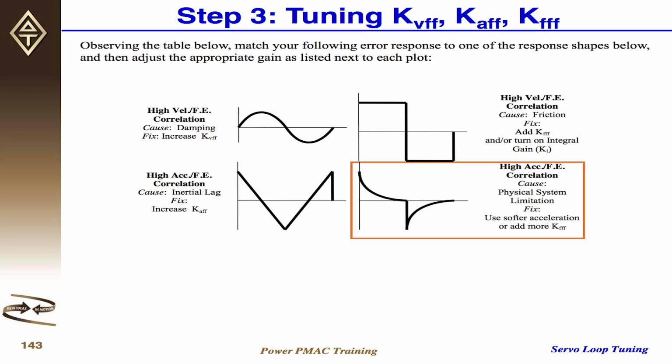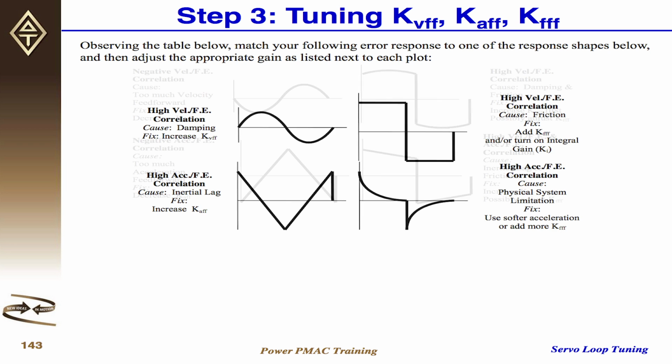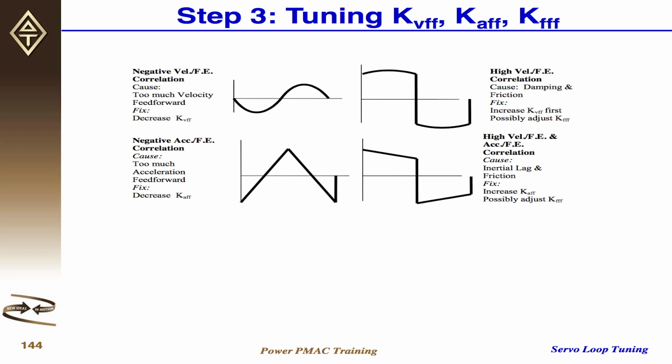So if you see the inverse of the profiles that I just showed you, like here, we see that the following error is reflected from the velocity. Normally the velocity profile looks like that, but our following error profile is reflected like that. It means you have too much velocity feed forward.